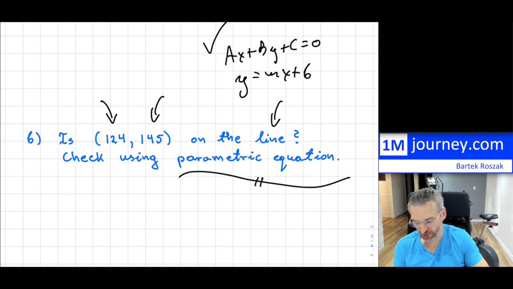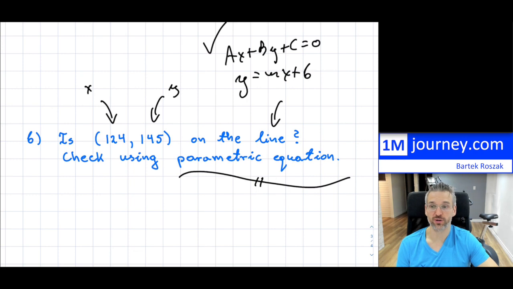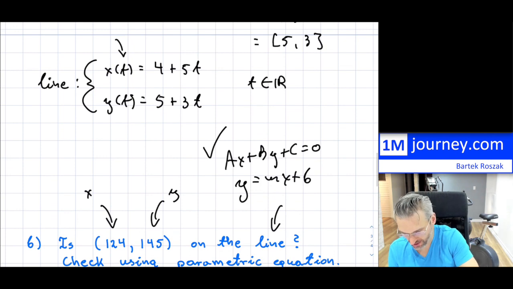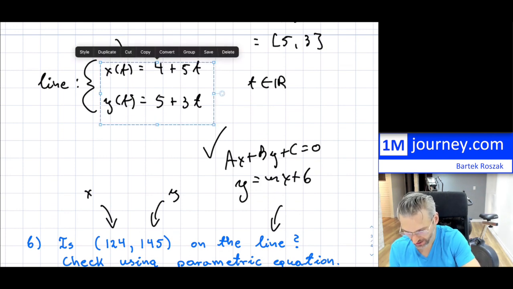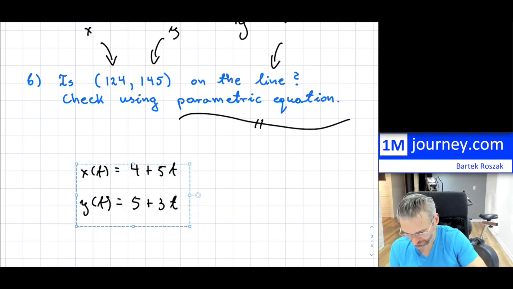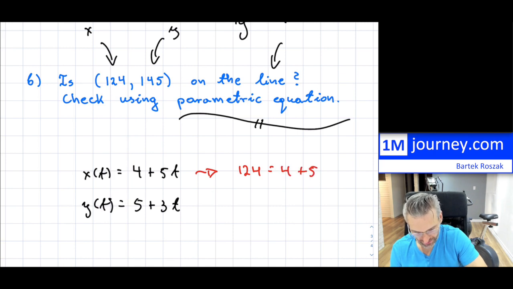So what you must do, don't forget, this is your x value and your y value for your point. You can literally just take this, copy it, and substitute within here. If I take the first one, my 124 equals 4 plus 5t.